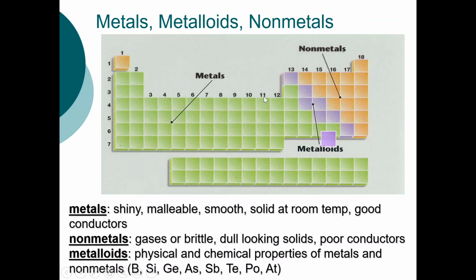So these elements here, along this sort of stair-step area that splits this rectangle on the right-hand side, these right here are your metalloids. And you do not need to memorize which of these elements are the metalloids, but as long as you generally know the area where they lie and that most of the periodic table are metals and they transition across into the non-metals. And before you get there, you have substances called the metalloids.